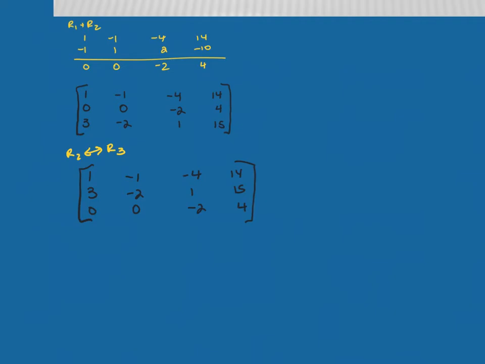I still need a 0 where that 3 is. So now what? How do I get it? Can't do it with the bottom row, right? Got to do it with the top. So negative 3, row 1 plus row 2.